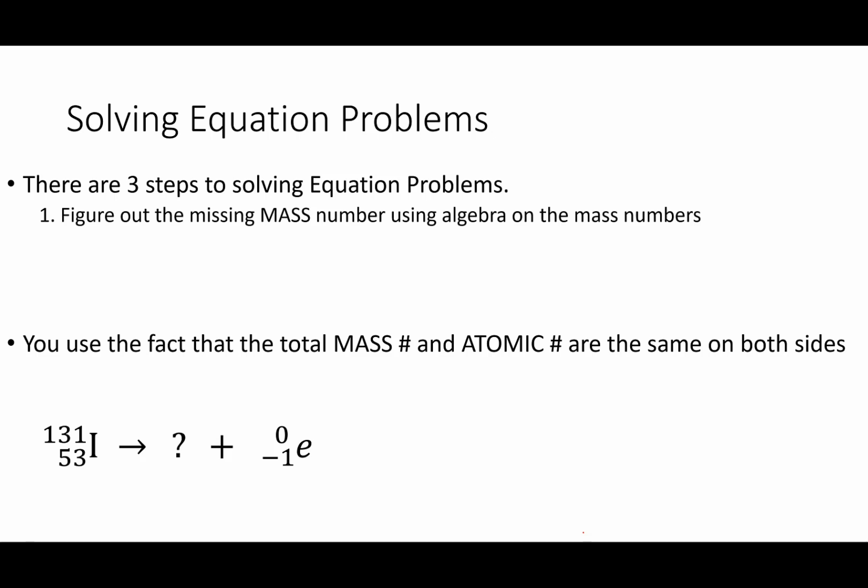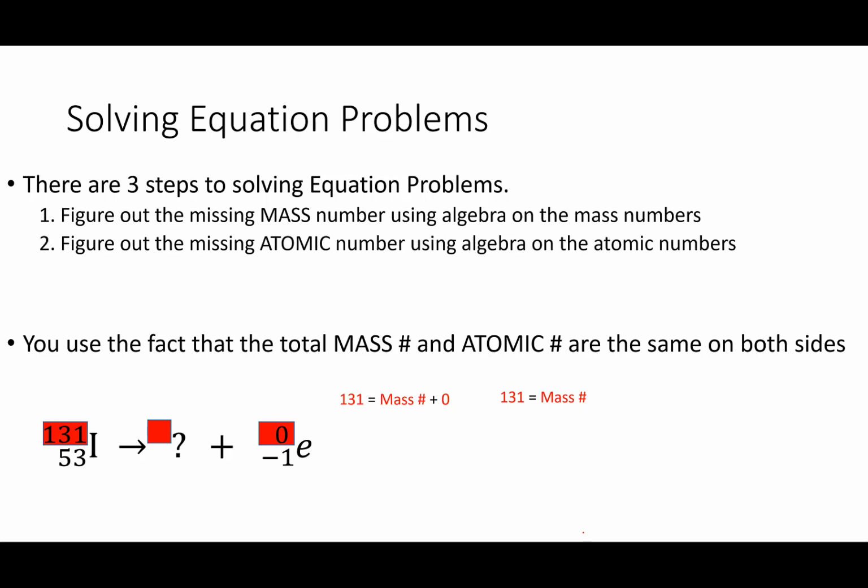Let's start with this. First, you have to figure out the missing mass number using algebra. Now you know that whatever the mass number is, 131 equals that number plus 0, because the left and the right side of the arrow have to be equal. So 131 is the mass number, because you subtract 0 from both sides. Then you figure out the atomic number. Similarly, 53 equals something minus 1.